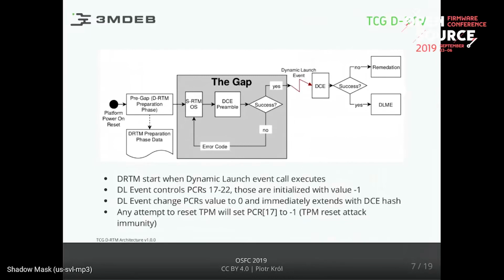Those are initialized with -1. During the execution of the instruction, it is changed to 0 and immediately extended with the hash of our DCE, which can be the ACM BIOS plus probably something else. I don't understand exactly the steps for Intel TXT, but for AMD, we have our secure loader, which is measured, and it extends PCR 17, which I will show you later.